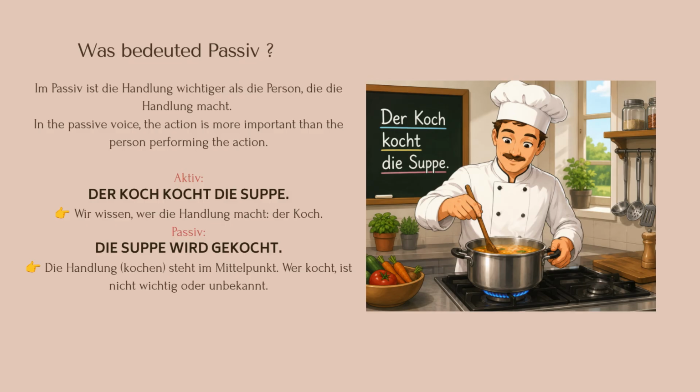Was bedeutet Passiv? Im Passiv ist die Handlung wichtiger als die Person, die die Handlung macht. In the passive voice, the action is more important than the person performing the action.